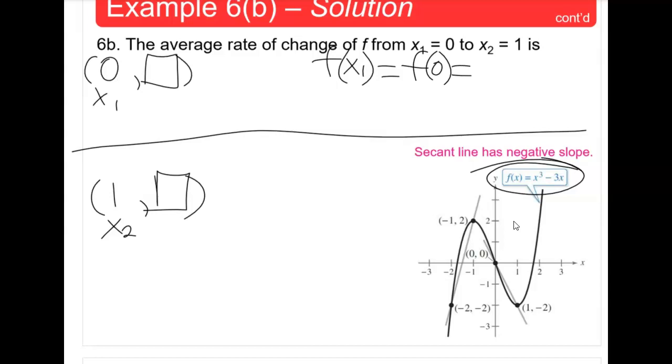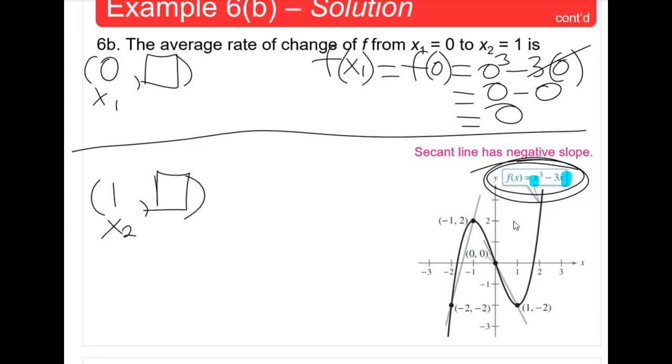So if I take the equation that you see here, for every x that you see, I'm going to substitute a 0. So this is going to turn into 0 to the third power minus 3 times 0. So this is going to equal 0 minus 0, which is 0. So what this means is that f of x sub 1 is 0. So that goes here.